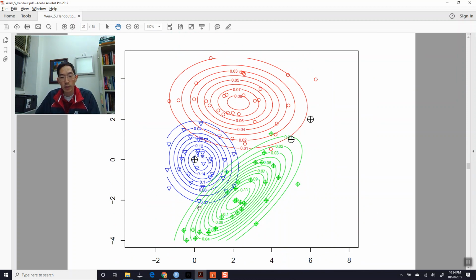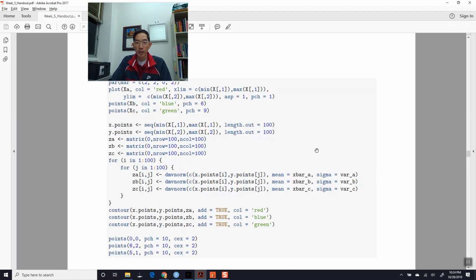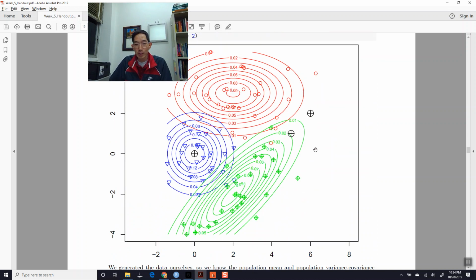Okay, and so these are the normal distributions that we've estimated using our data points. All right, and so this is what we are going to use to estimate our likelihoods in the Bayesian classifiers. Okay, I mean, it would be nice if we could get the original ones, but that's never the case, right?